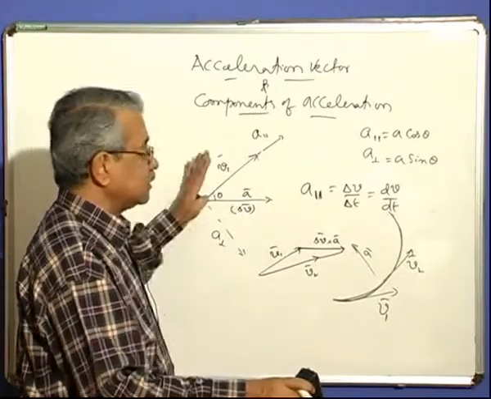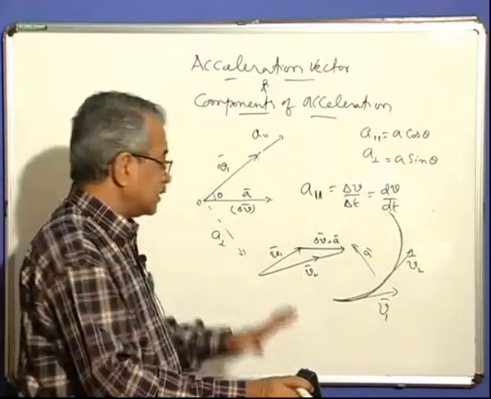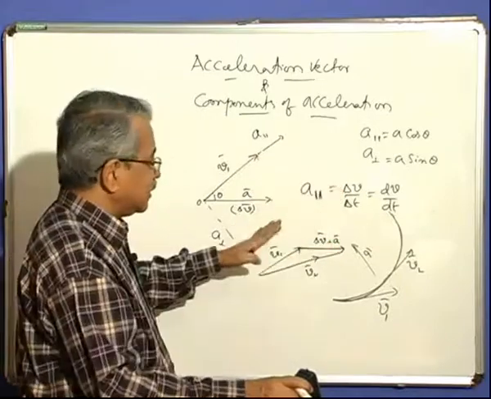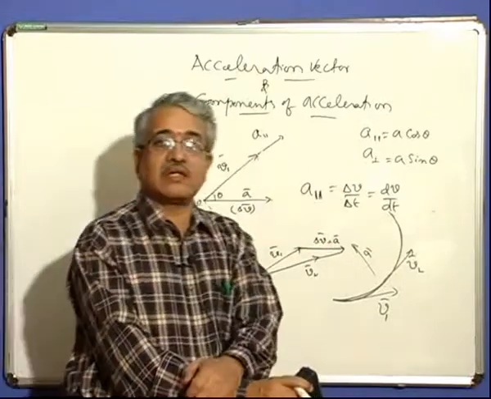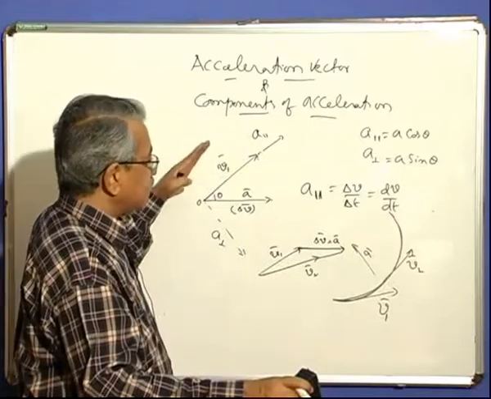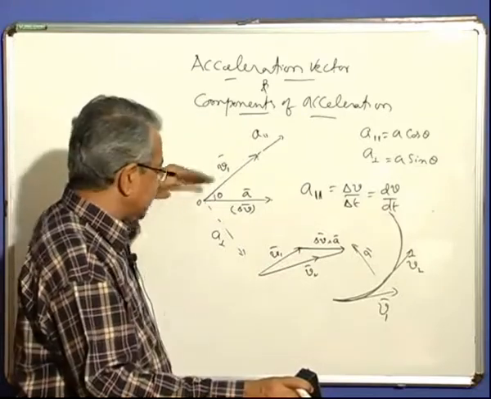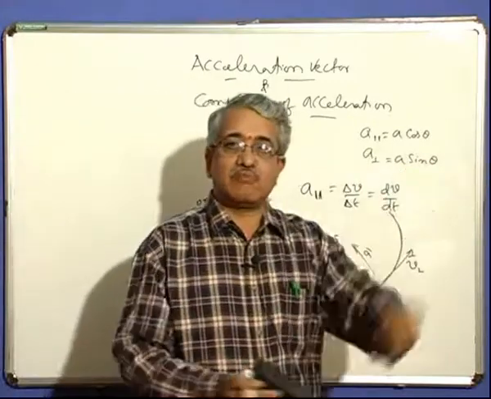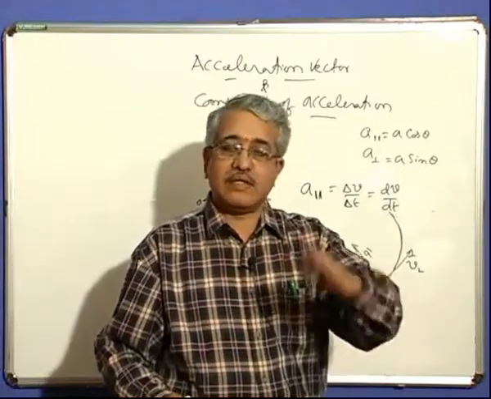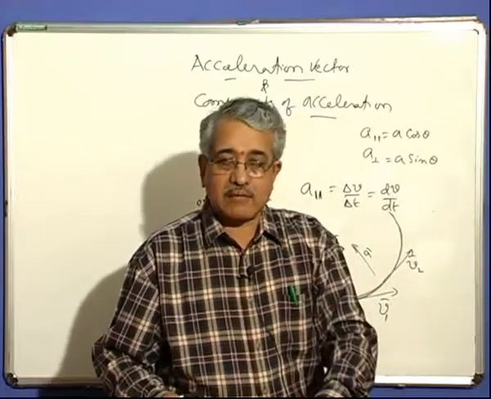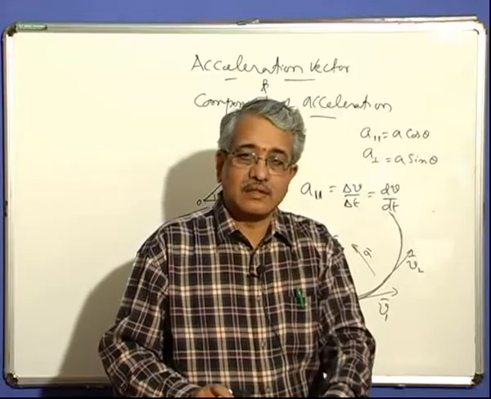Resolution can be done in any way; sometimes one is useful, sometimes the other. With the parallel component you get the change in magnitude, and direction is given by the perpendicular one. If you use the x, y, z components, you get the change in magnitude and direction in terms of the x, y, z directions. That's what you should understand about the acceleration vector.